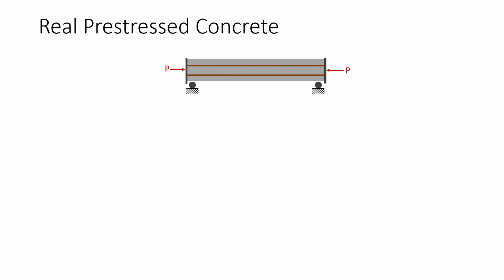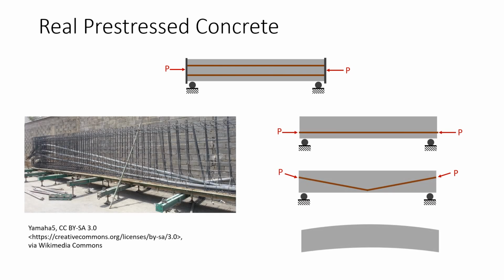We analyzed a prestressed beam that looks like this, with the prestress as a uniform value over the ends of the beam. The reason we did it this way is to make it simple enough to analyze with undergrad mechanics equations. However, real prestressed beams typically have a non-uniform distribution of stresses that make the prestress process even more beneficial.